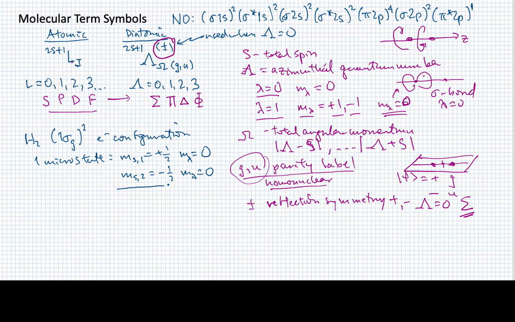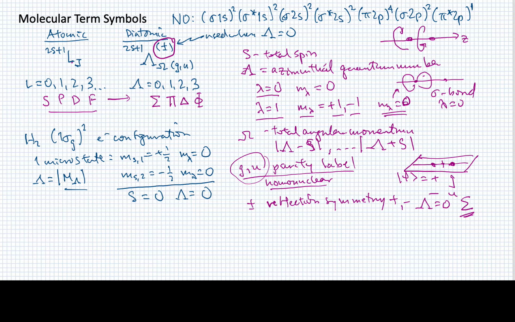So the way we can get our total spin and our total lambda is by adding these up. In this case, spin is equal to plus 1/2 minus 1/2, so it's 0. Lambda is the absolute value of the sum of m sub lambda, so it's going to be 0.